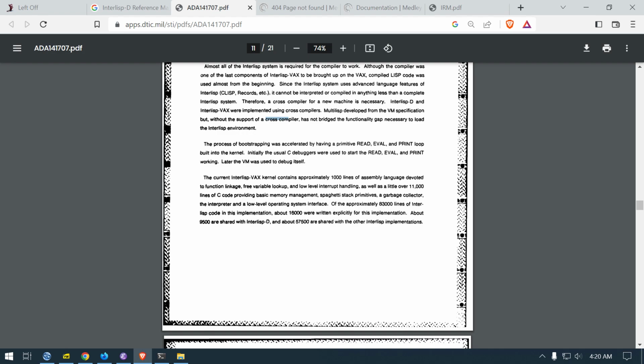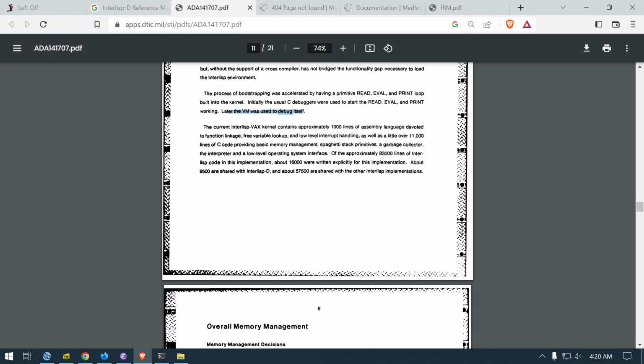I don't know. I just found this a minute ago and kind of skimmed over it. So they were talking about using the read-eval-print working together with C so they could do debugging. So the VM could debug itself, I guess.